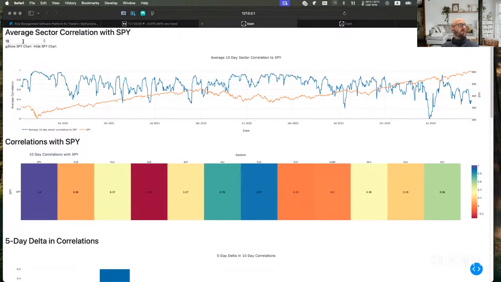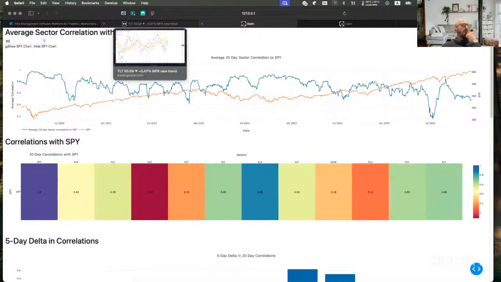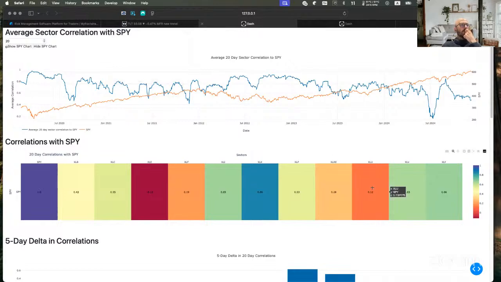It's literally saying to me what I just mentioned about the flows. Let's go to 20 days. Okay, 20 days. XLU 0.12, XLRE 0.2. Yeah, okay. XLP is a bit different and XLV, but you get the point.